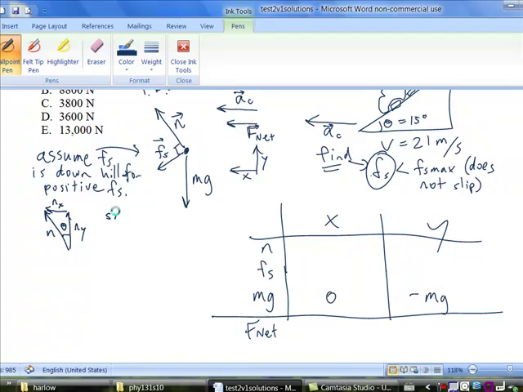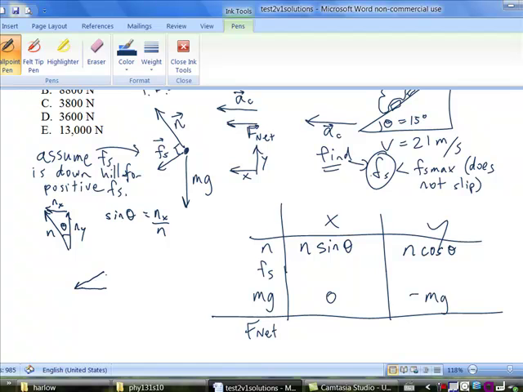So sine of theta is opposite, n sub x, over hypotenuse, which is n. So the n in the x direction is going to be positive, because I defined x towards the left, of n times sine of theta. And similarly, the y component will be n times cosine theta, where n is an unknown. And then the static friction will be down and to the left.